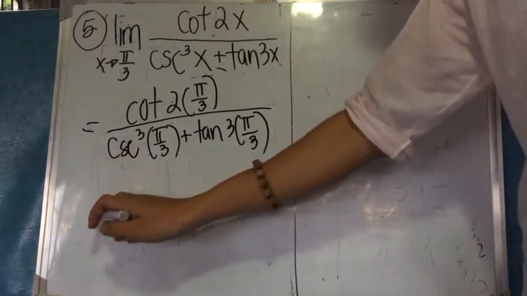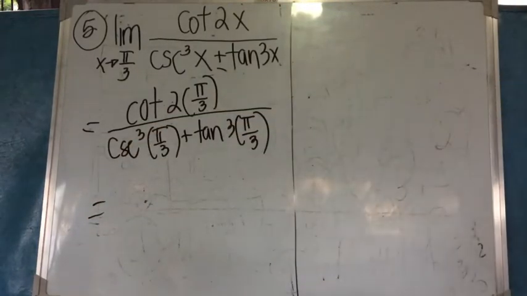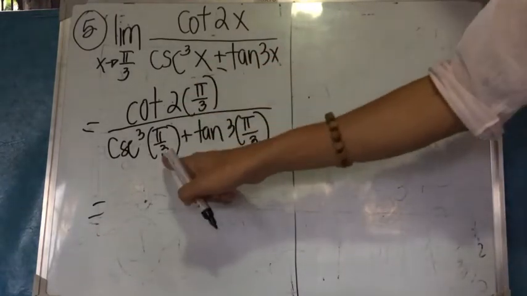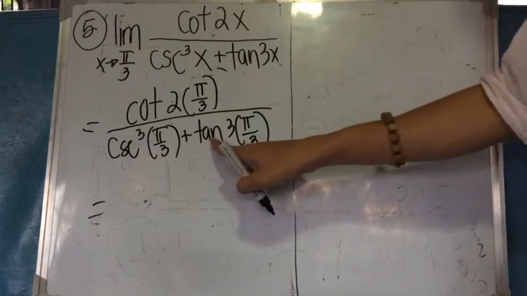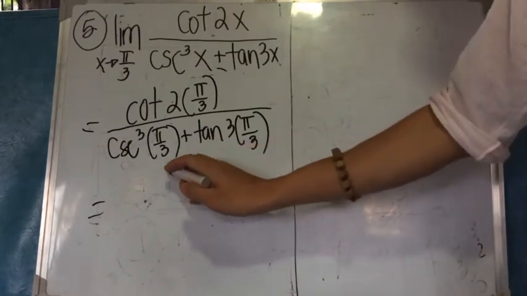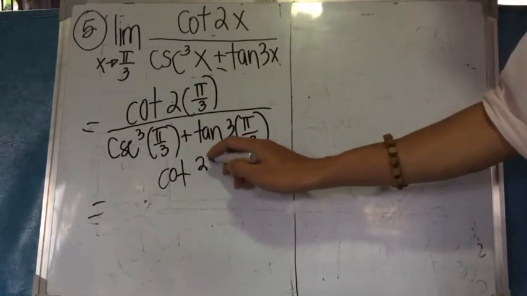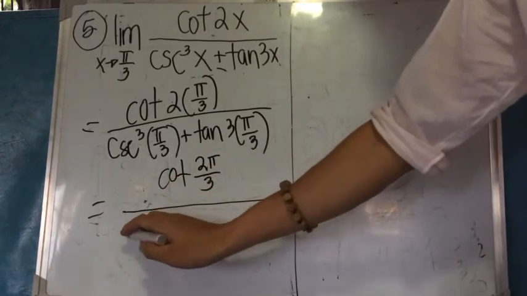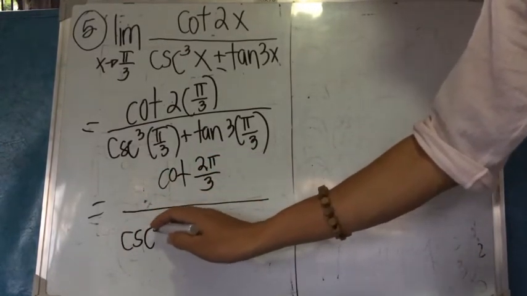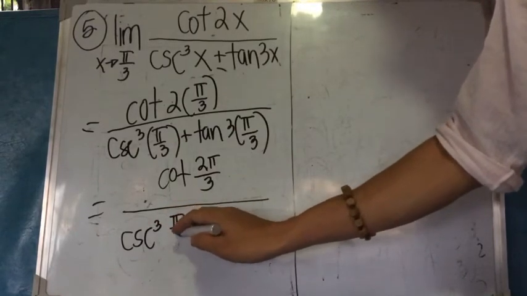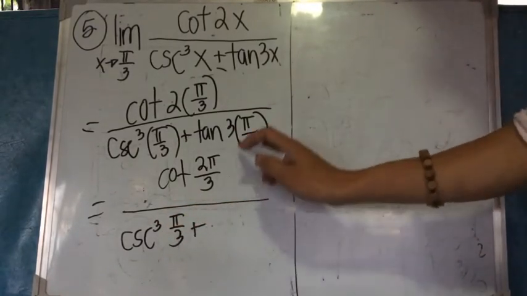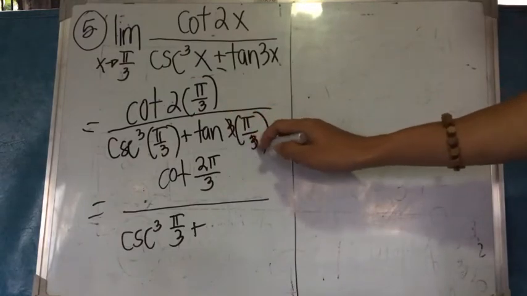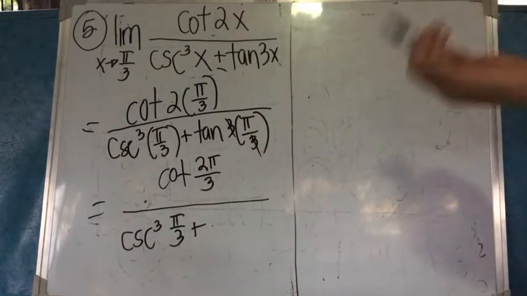Okay, so you use the direct substitution method in solving your first step. The second step is to simplify if there is something that needs to be simplified. Very obviously, we are able to simplify the tangent here. So it will become cotangent 2 pi over 3 all over cosecant cubed pi over 3 plus, in this part we can cancel 3 because 3 divided by 3 is 1.